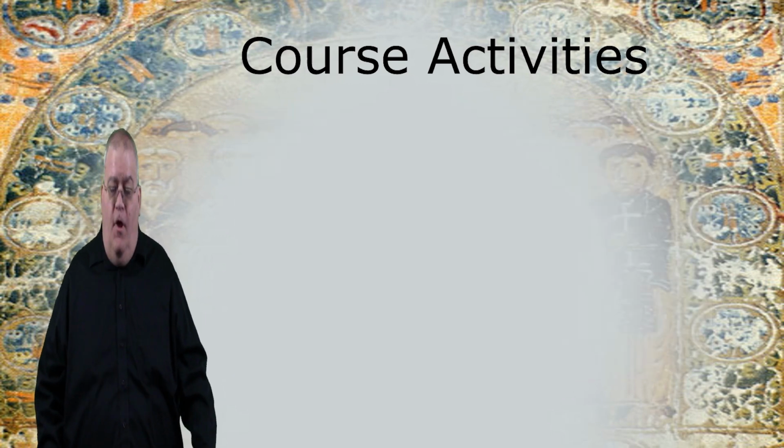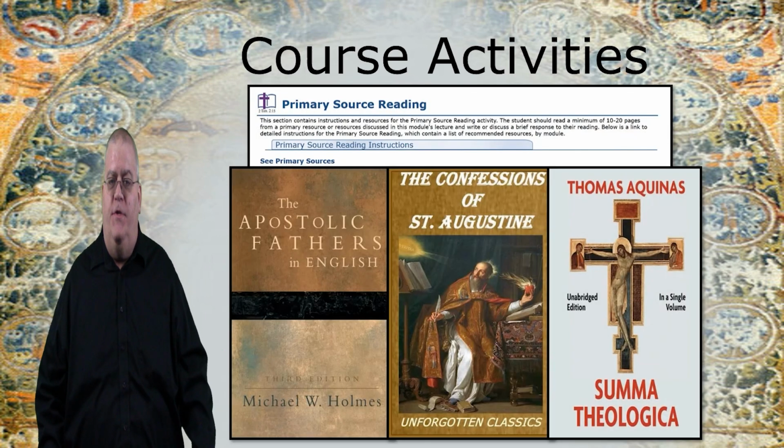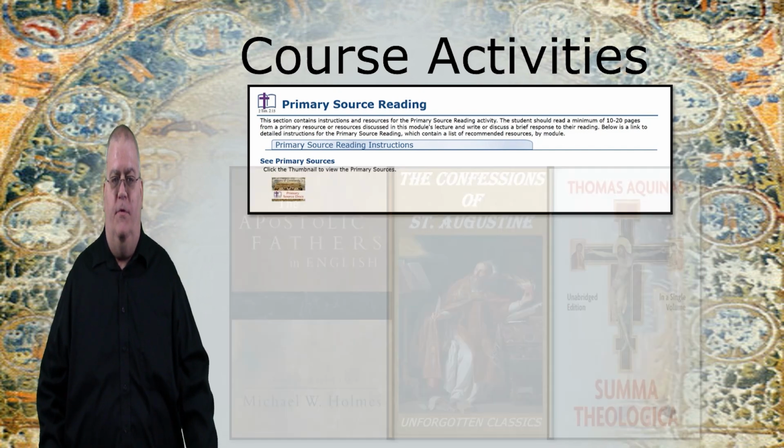But then the next non-optional activity is reading of primary sources. Primary sources are those things written at the time of the history by those people who were involved. For instance, instead of just reading some modern textbook about Augustine, you can read some of Augustine's own writings to get his insights directly from the source.